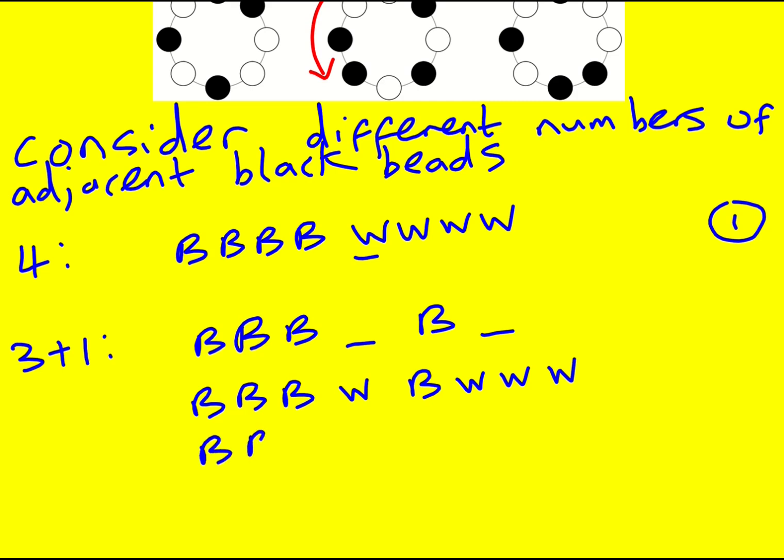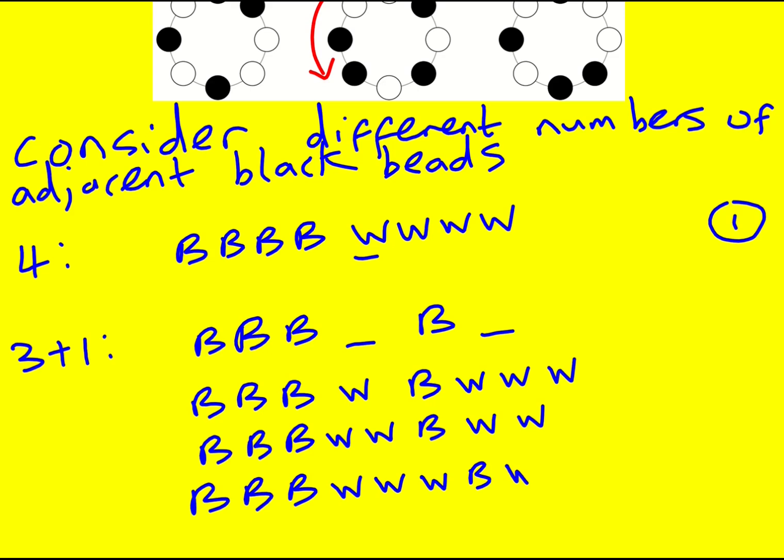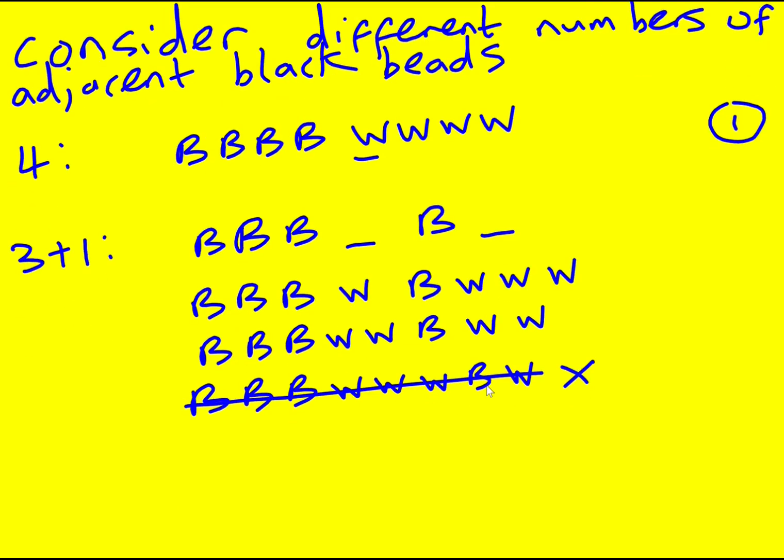Or I could go black, black, black, white, white, black, white, white. These will definitely be different. Or I could go black, black, black, white, white, white, black, white. But this will actually be the same as that first one. So I'm going to cross it out. Already got it. But I think it's quite a good idea to use this approach just to check. Okay, and that's all the different ways we can do it.